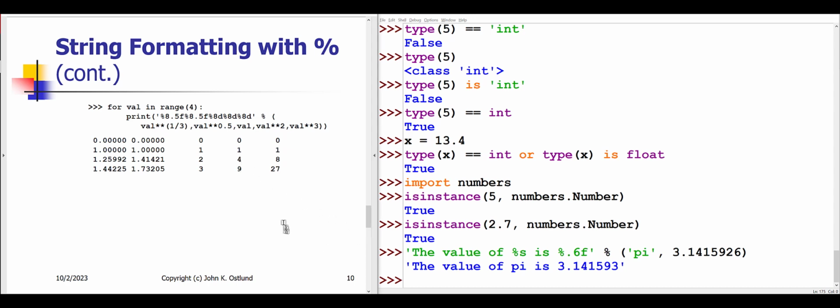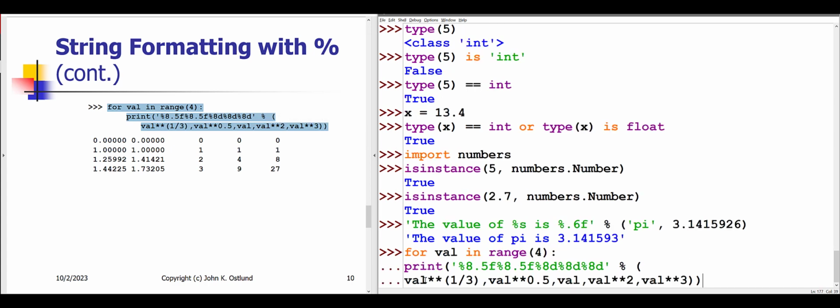Here's a little more verbose example. Let me copy and paste this so I don't have to manually type it. Whoops. My indentation got lost there. All right, so for val in range 4, in other words, 0, 1, 2, and 3, I'm going to display 5 8-character wide fields.